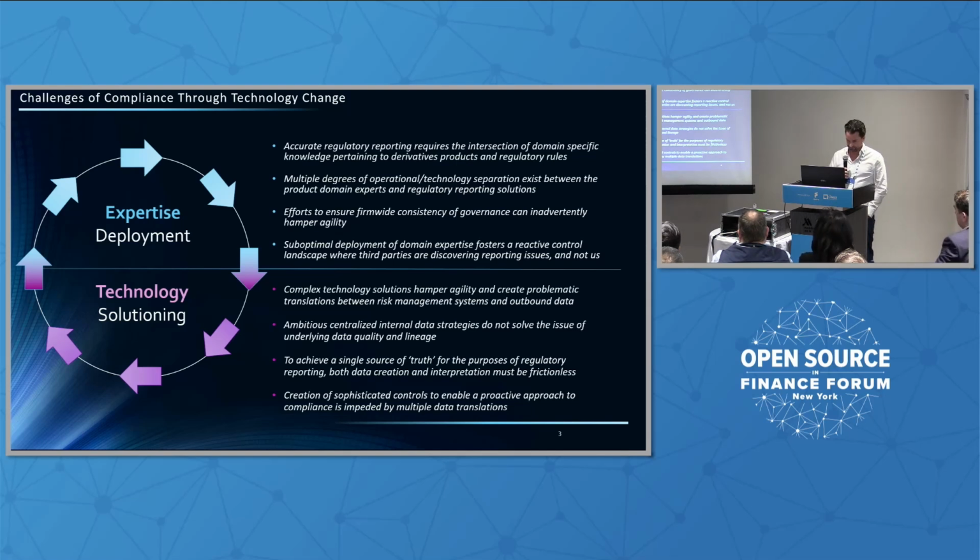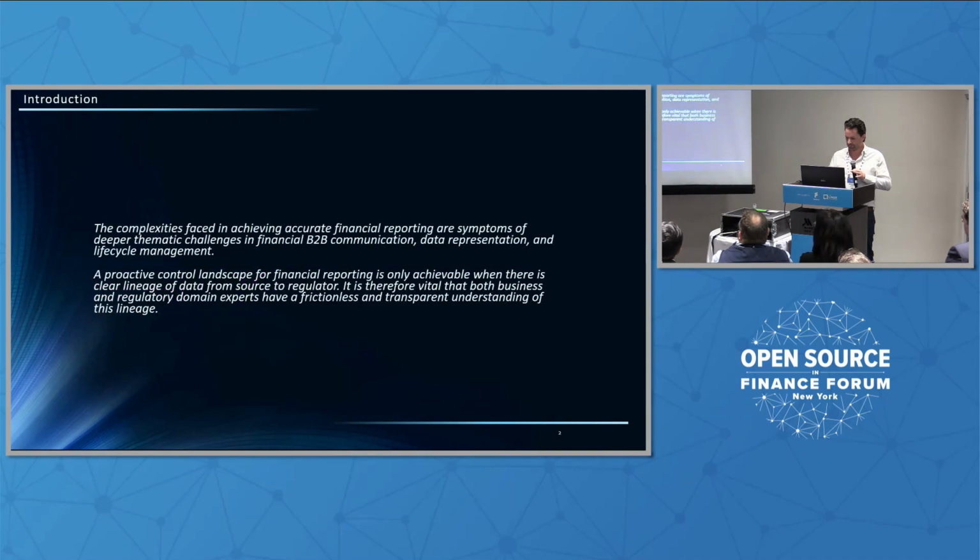And to achieve a single source of truth for regulatory reporting, the creation of the data used for reg and the interpretation of it must be frictionless, which I'll explain a bit more in a few minutes. So if I was to stand in front of someone to say why is something going wrong or why is it so hard, this is how I could boil it down. And that's the slide before, when I'm going backwards. Okay, here we go.